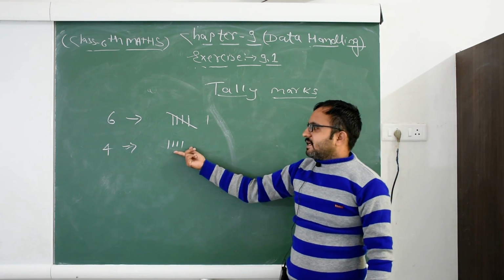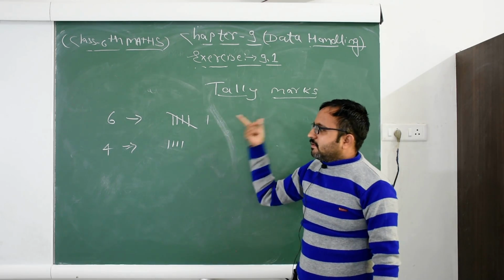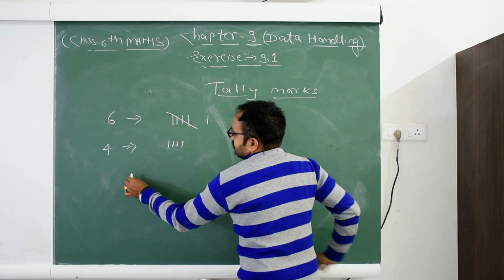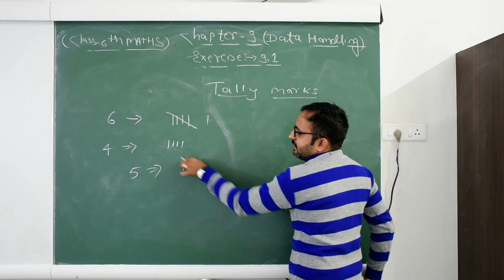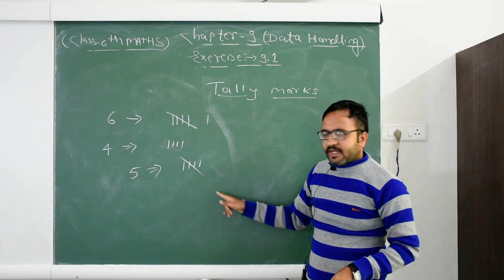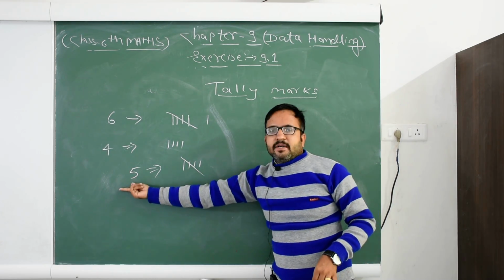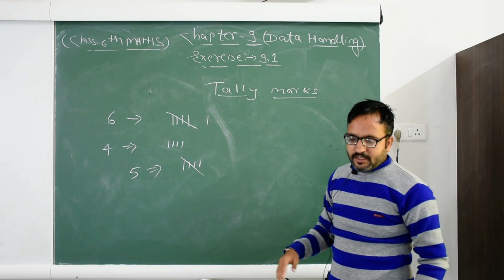So we use different vertical lines to show any number in telemarks. How to represent 5? 1, 2, 3, 4 and 5. This is a bundle of lines representing the number 5. So this is your telemarks, okay.